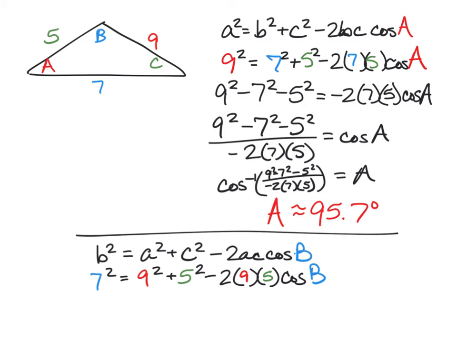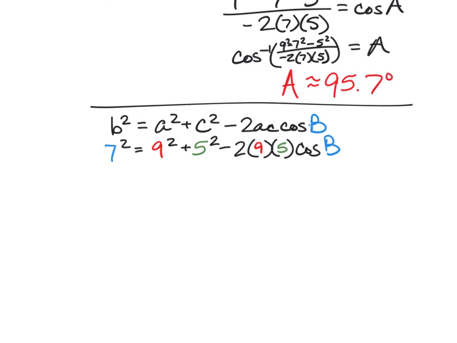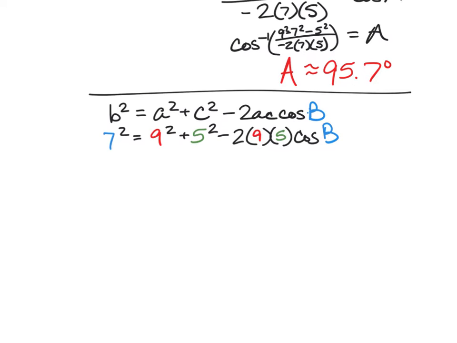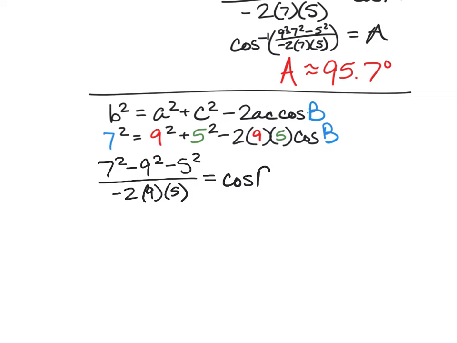Again, you'd rearrange this equation to get B by itself. So you'd subtract 9 squared and 5 squared from both sides, then divide by negative 2 times 9 times 5 to get that cosine of B isolated.